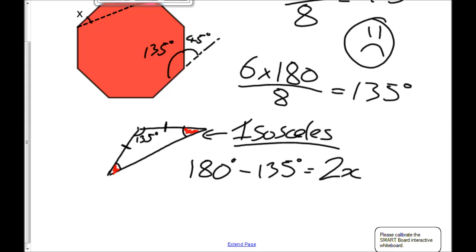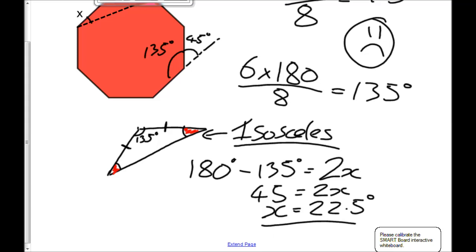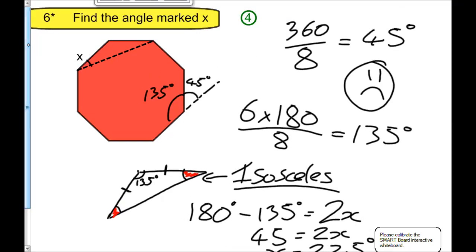Now if we subtract those 2, we end up with 45 equaling 2x, which means if we divide both sides by 2, x equals 22.5 degrees. Okay, so again, I think with a little more revision on that one, we could have done a bit better. So just be aware that you use the number of triangles to find internal angles, not the external angle formula over here.